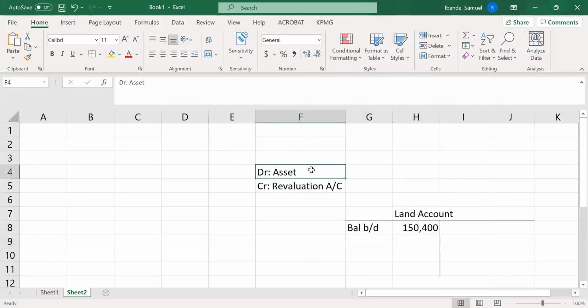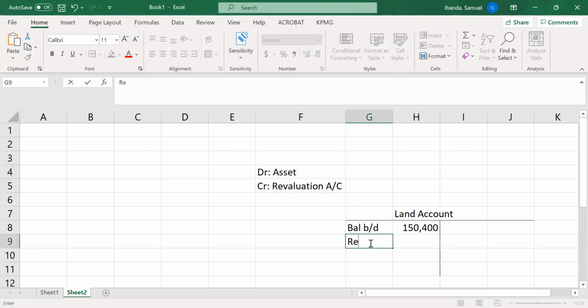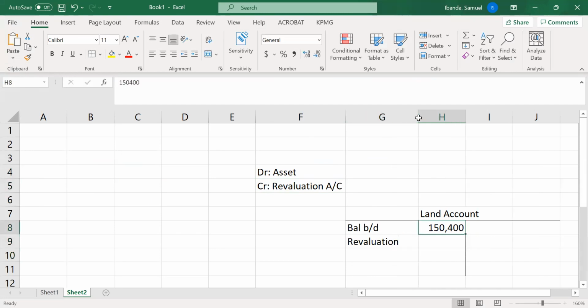So for the revaluation amount, we are debiting the asset and crediting the revaluation account. So we shall have revaluation. Now, we see very well that the original value is 150.